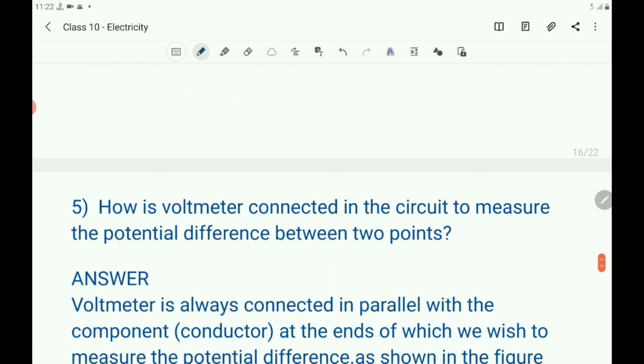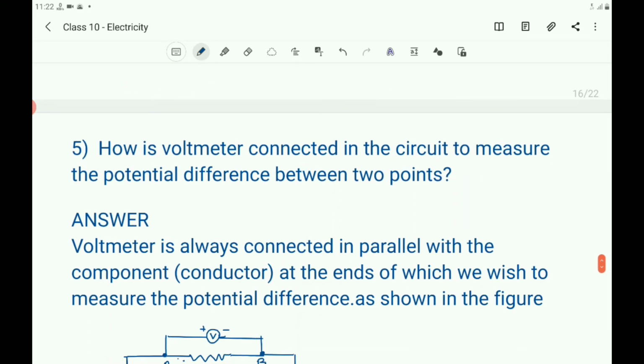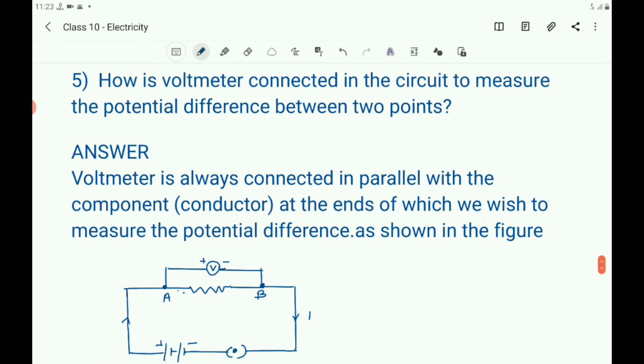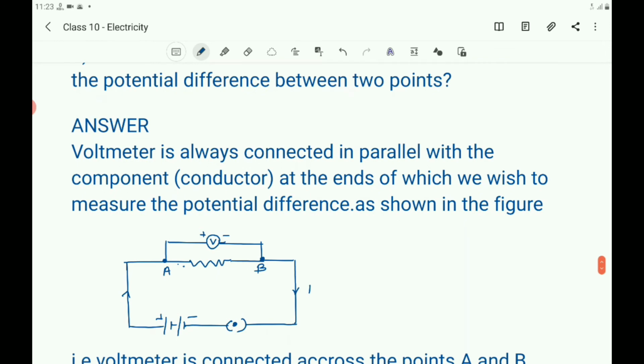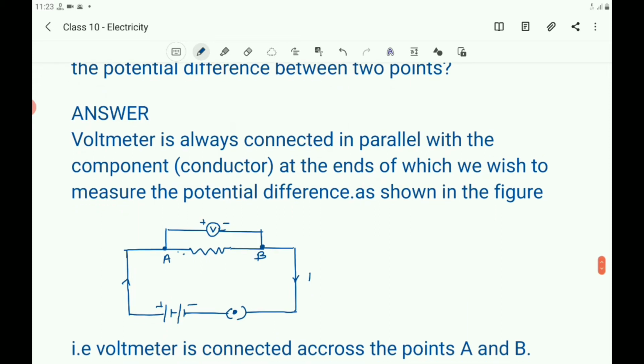Then the next question, fifth question. How is a voltmeter connected in the circuit to measure the potential difference between the 2 points? So you know the answer. Voltmeter is always connected in parallel with the component or the conductor at the ends of which we wish to measure the potential difference. Here it is AB.